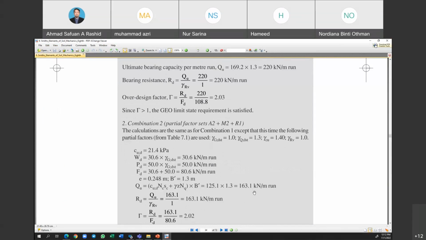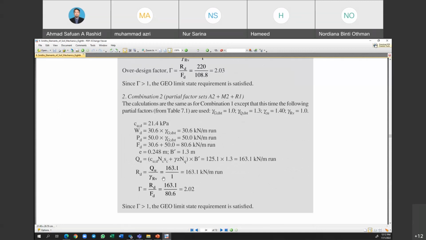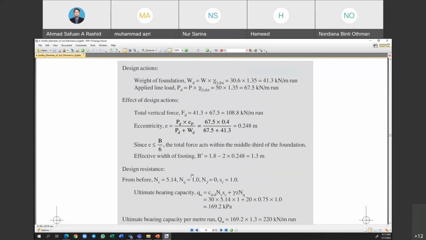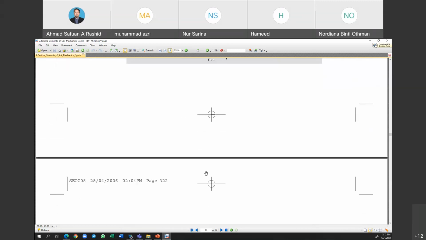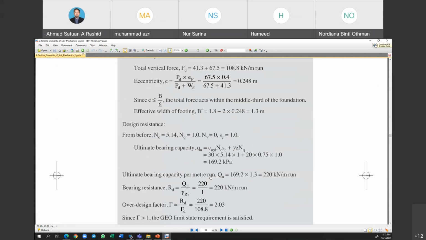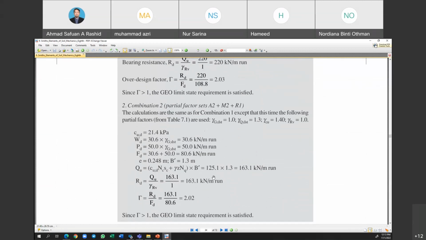Then later on the ratio between RD and FD is 2.02, a little bit similar to combination number 1, which is 2.03. So both combination number 1 and combination number 2 are greater than 1, so the geotechnical limit state requirement is satisfied.